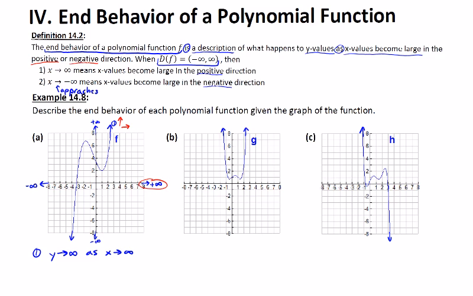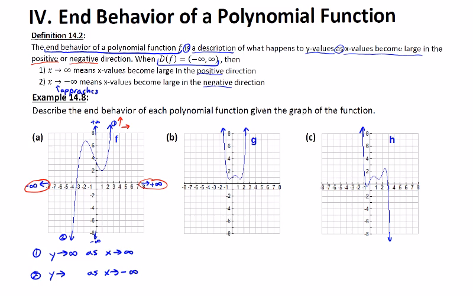A second statement can be made that will mimic this for the arrow that's on the left-hand side. This is the left-hand side end behavior. Again, the general structure is we say y approaches something as x approaches negative infinity. X approaching negative infinity means we're talking about the left-hand side of the graph.